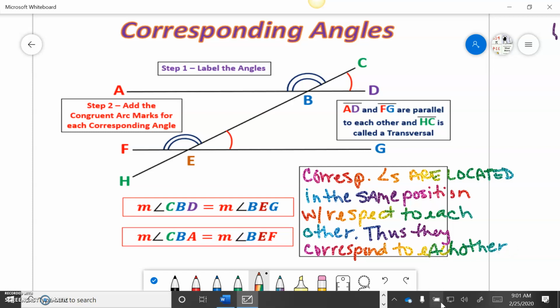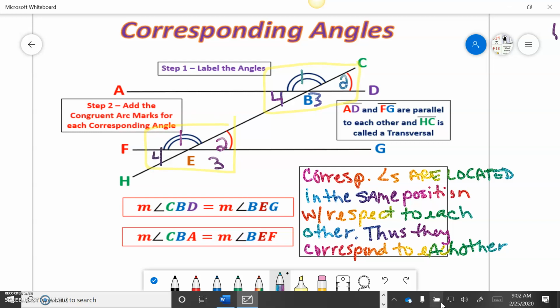If you look right here, I'm going to go ahead and put some numbers. I'm only going to look at the angles on this part, and then I'm going to look here. My angles here I can label angle 1, angle 2, angle 3, and angle 4. Over here, this is a different parallel line, so I'm going to call it angle 1, in the same spot, angle 2, angle 3, and angle 4.